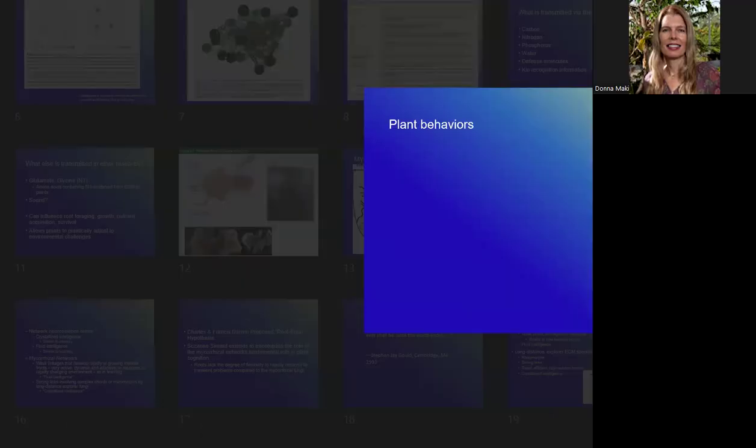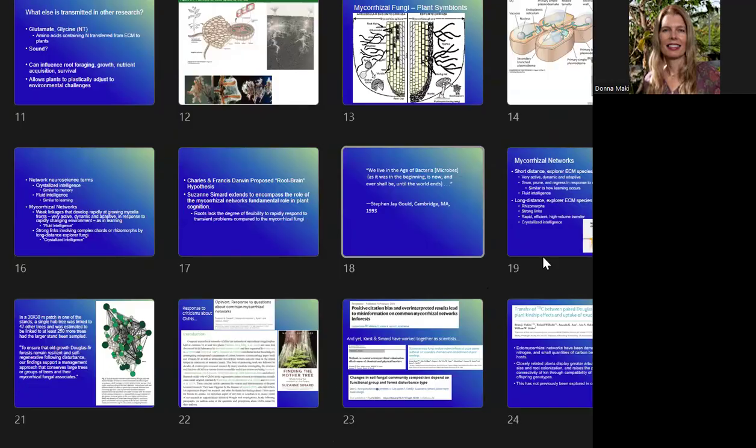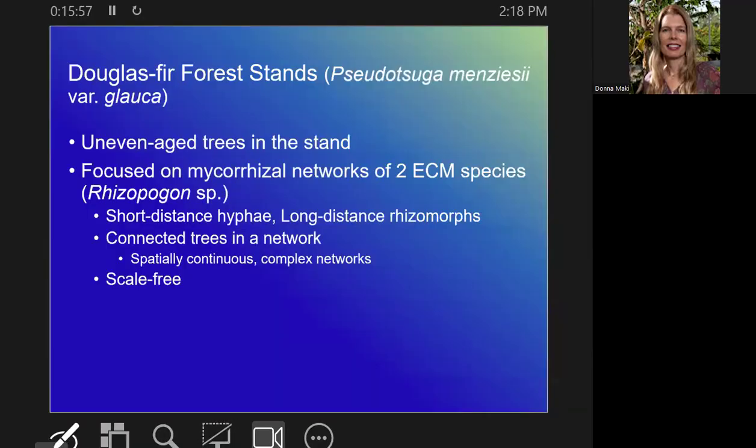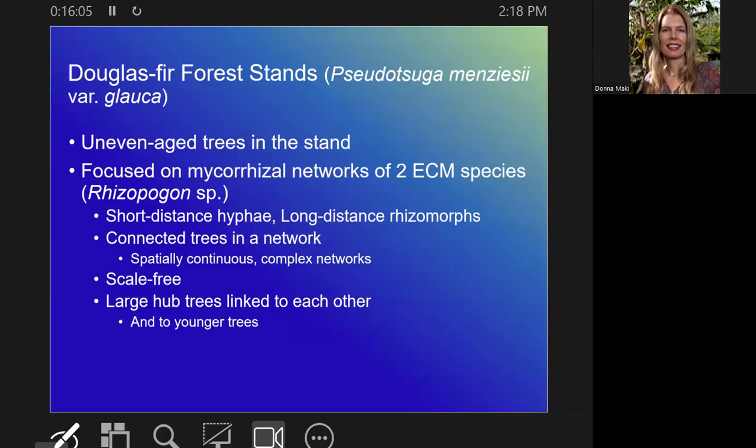Those large hub trees were linked to each other, hub to hub, but they were also linked to the younger trees too. But the younger trees had fewer connections between other younger trees. So older trees to younger trees was a stronger connection.